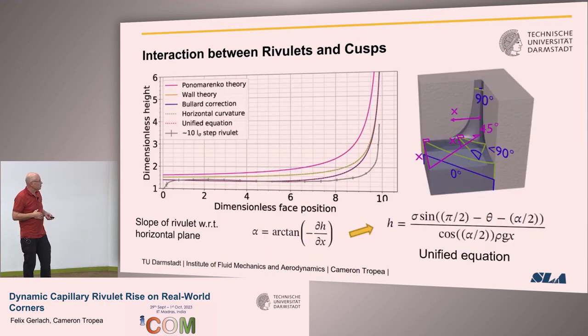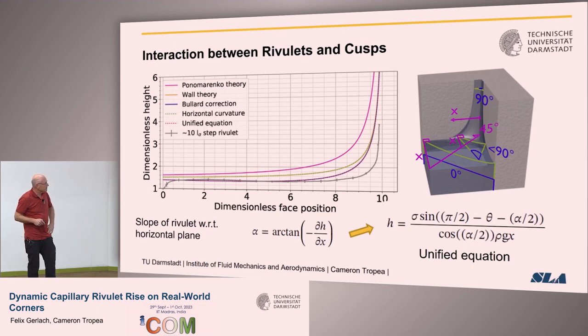And so let's just look, first of all, at this prediction of the rivulet shape, and you can see I've put several additional models with correction factors. And we have what we call a unified equation. It's not completely correct. On the next slide, I show the complete equation.